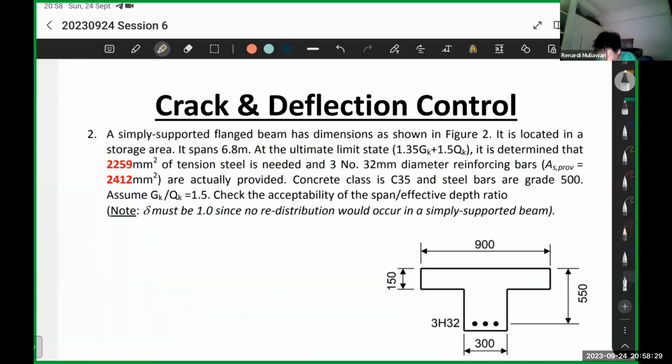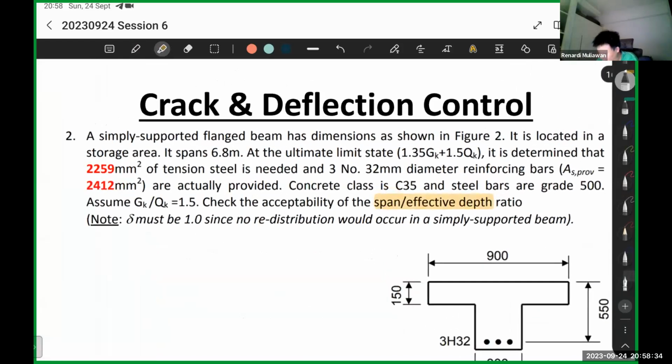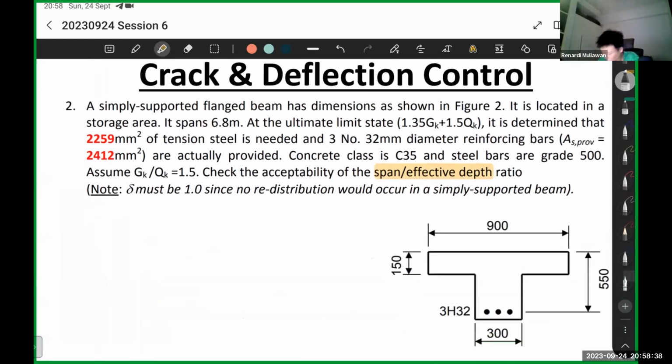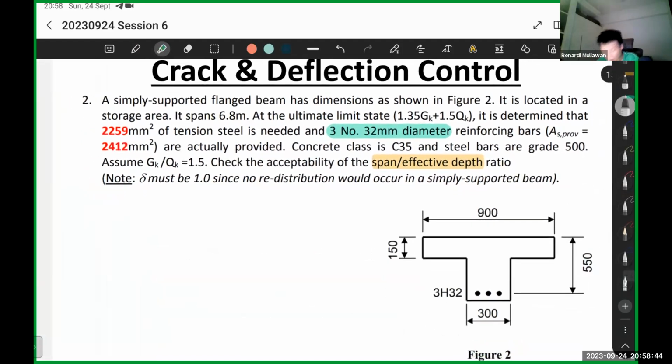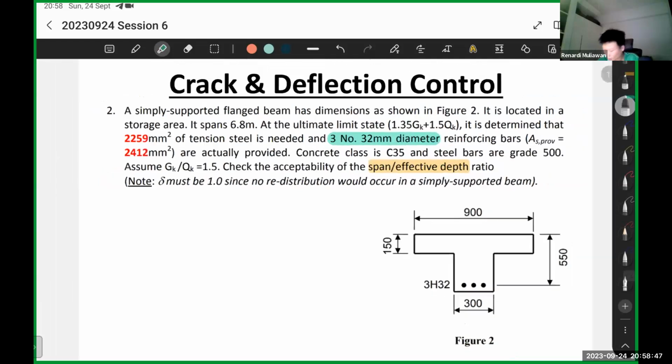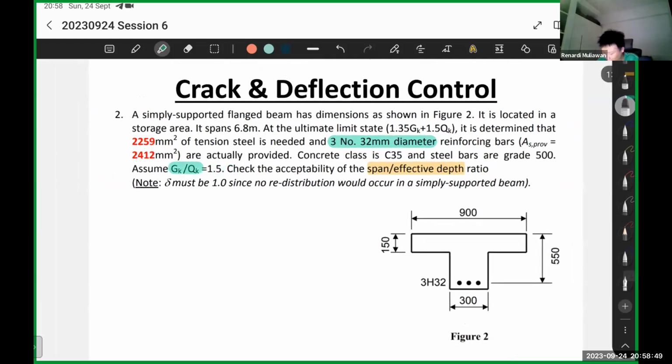For this one, the span divided by F ratio is checking for deflection. I think the steps are all very similar, so I can leave it for your own practice because it's exactly the same. We just have different values of GK over QK and different values for delta.